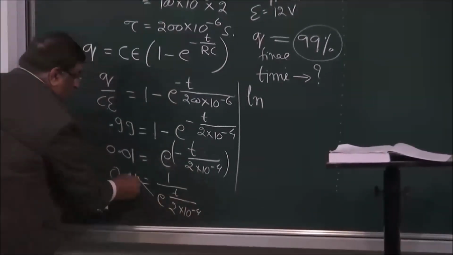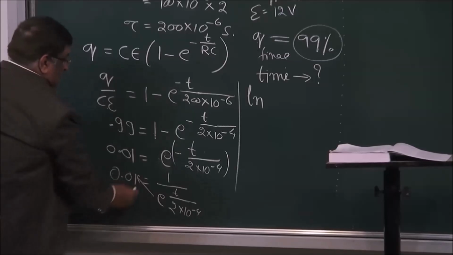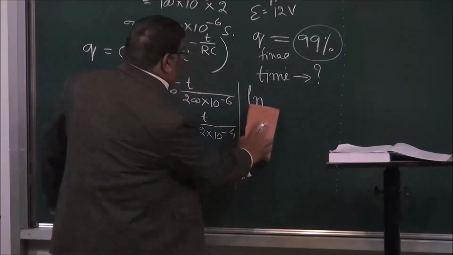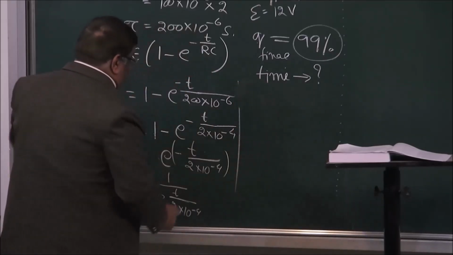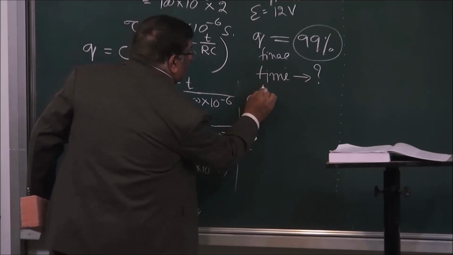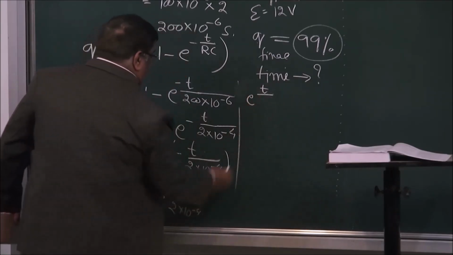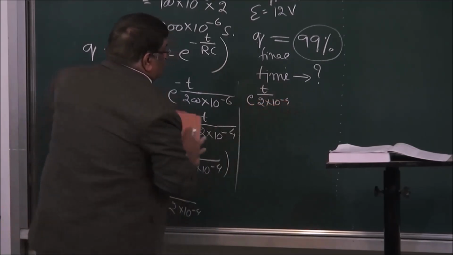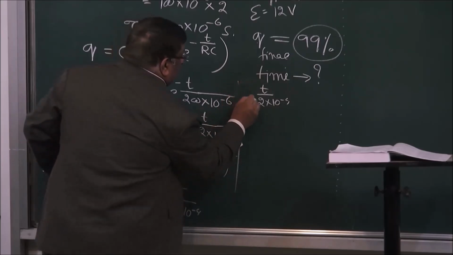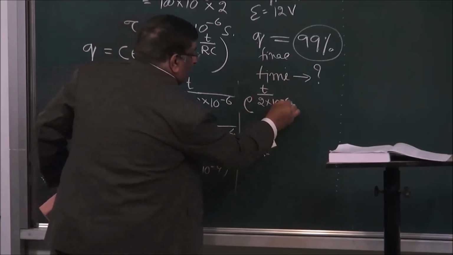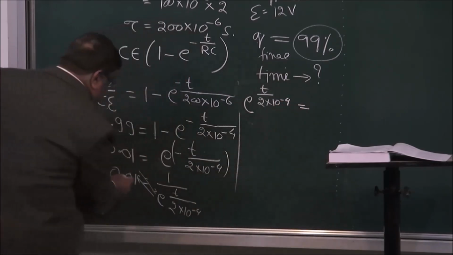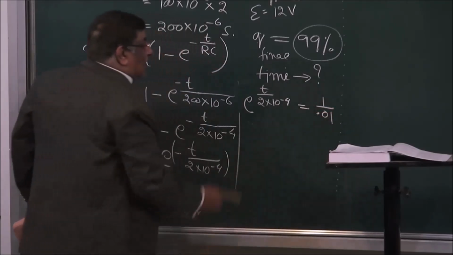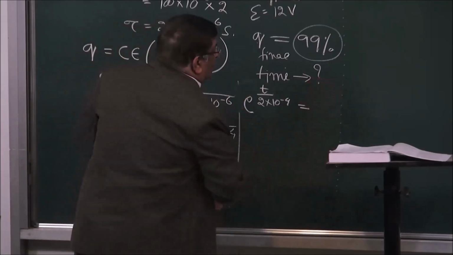Now cross multiply this, and what we have here is e to the power t upon 2 into 10 to the power minus 4 equal to 1 upon 0.01, and 1 upon 0.01 is 100.